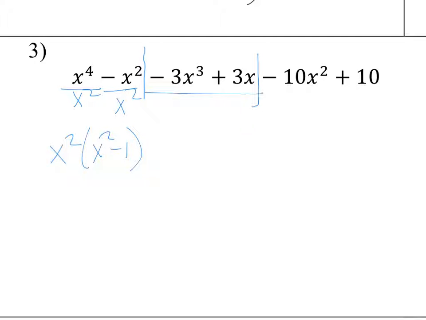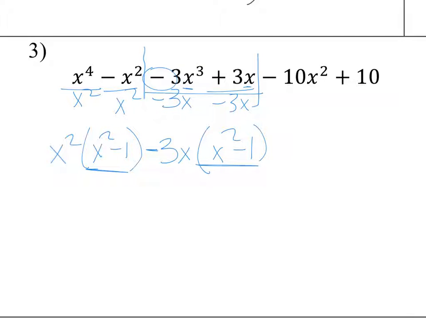The next one here, we have a negative, so the negative goes here. I have a 3 in common, and there's also an x in common, so divide by negative 3x, and I am left with x squared minus 1. If you look here, it should be exactly the same, so the dividing shouldn't be too hard.